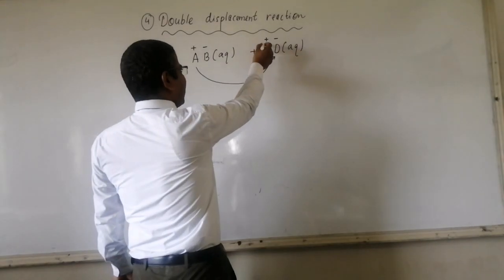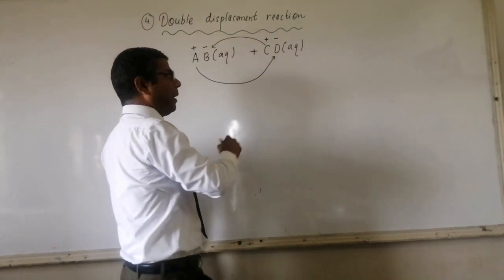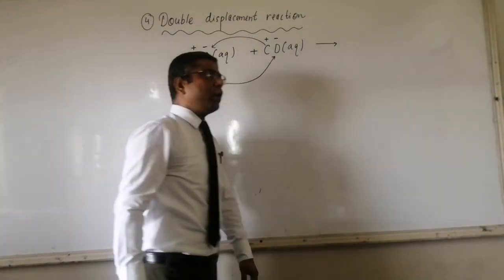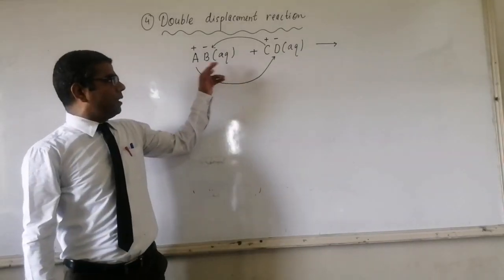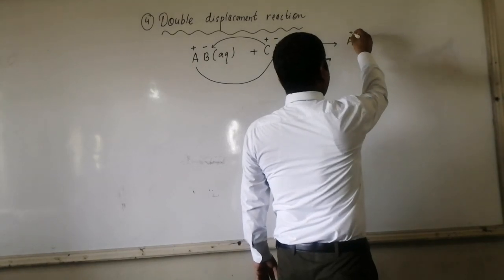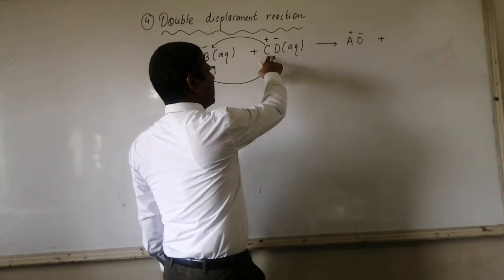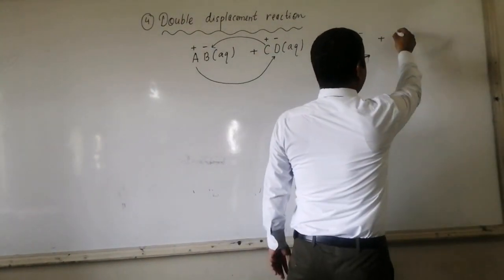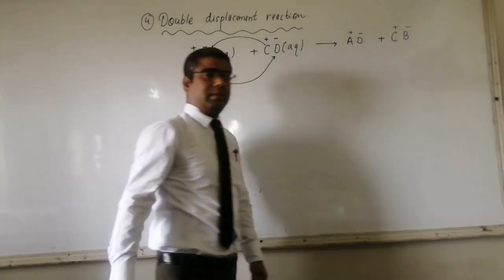Similarly, cation of second compound will combine with anion of first compound, as a result of which we will obtain two new compounds. So A+ with D- gives you A+D-, and C+ of second compound with B- of first gives you C+B-.